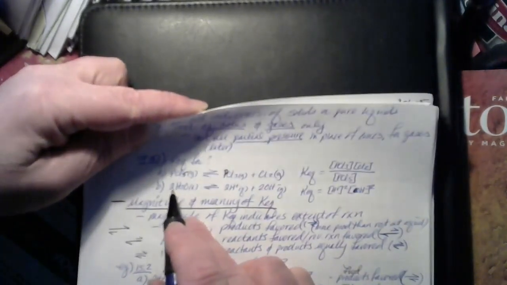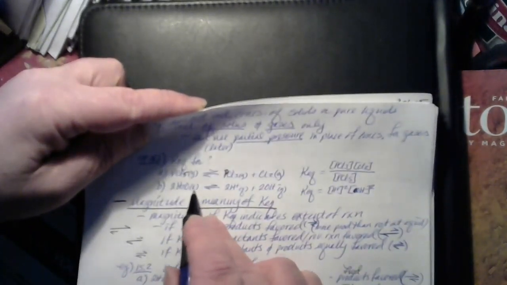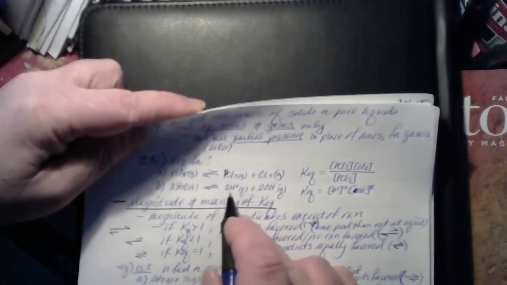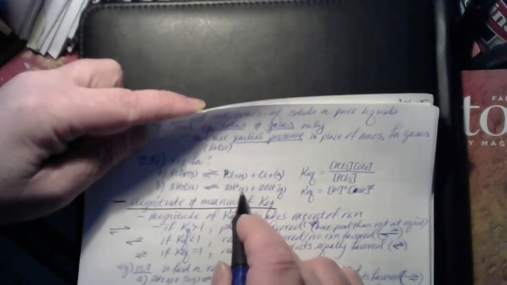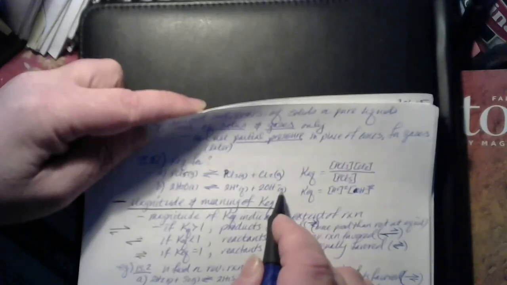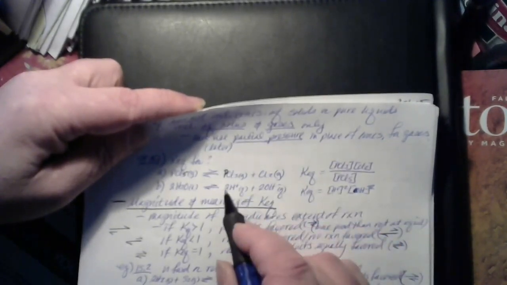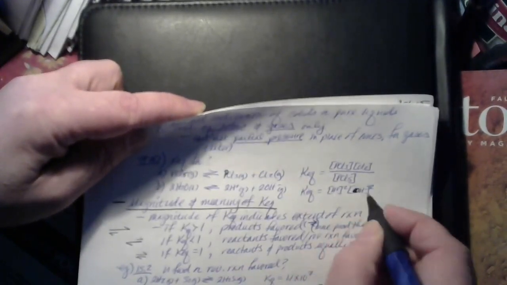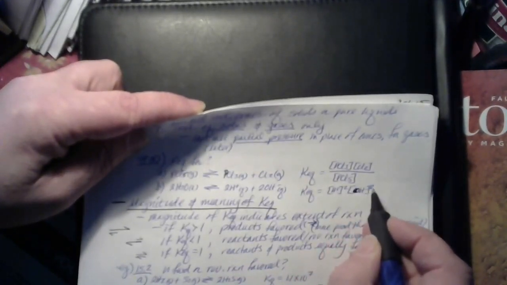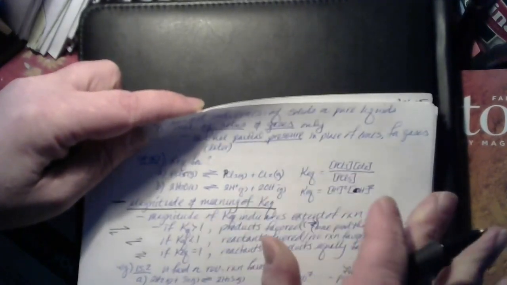In this case, this is a little harder because you've got 2 H2O, which is a pure liquid, in equilibrium with 2 H pluses, which are aqueous, and 2 OH minuses, which are aqueous. And so the KEQ for this equation will be the concentration of H plus squared times the concentration of OH minus squared, and that's it.